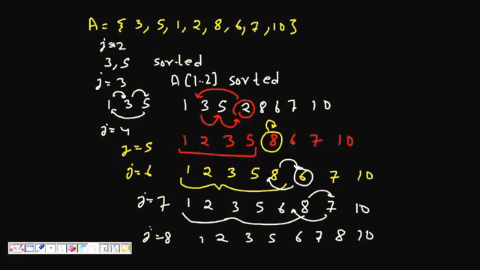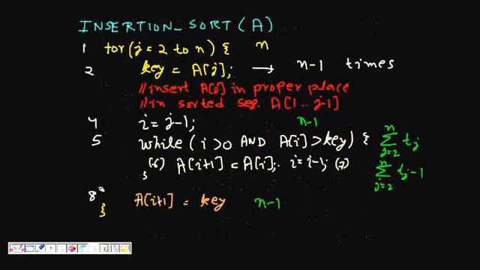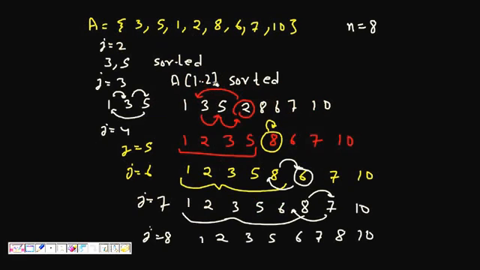Let's say that we have an array consisting of 8 numbers: 3, 5, 1, 2, 8, 6, 7, 10. So n is equal to 8. We start from j equal to 2 to n. An array of size 1 is already sorted.